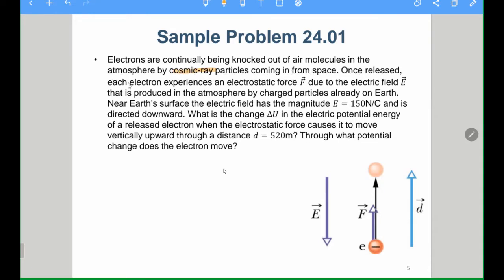Once released, each electron experiences an electrostatic force F due to the electric field E that is produced in the atmosphere by charged particles already on Earth.